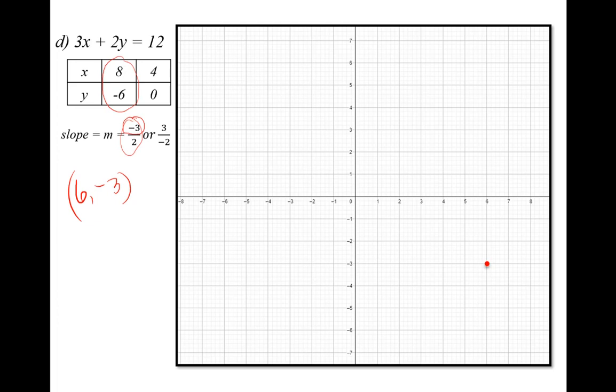So, paano ba tayo nagkaroon ng ordered pair na (8, -6)? Same sense, kung paano natin ginawa yung previous na process sa previous na example. So, this one, ginamit natin dito yung slope na -3/2.